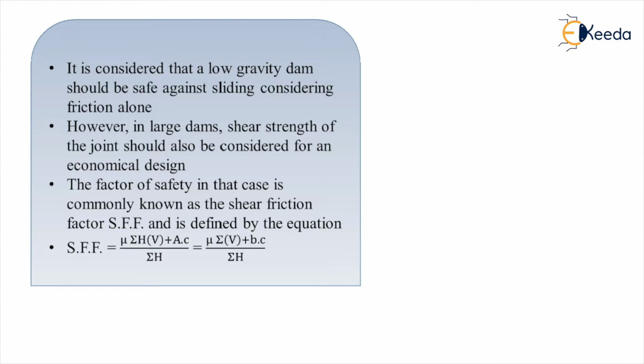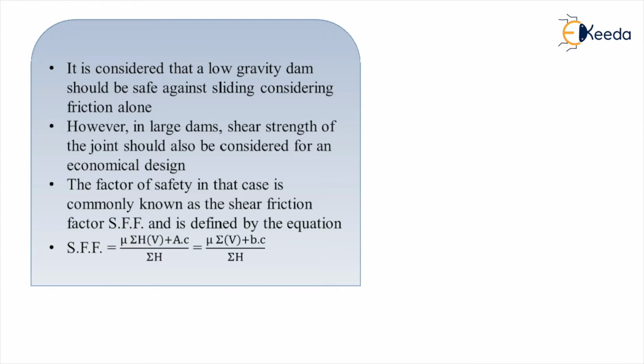The area of joint is B, width, into 1. We are calculating all the forces with respect to the unit length of a dam, so here also the unit length of a dam will be considered.